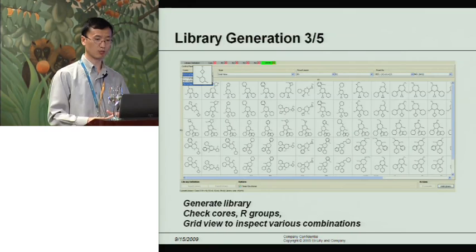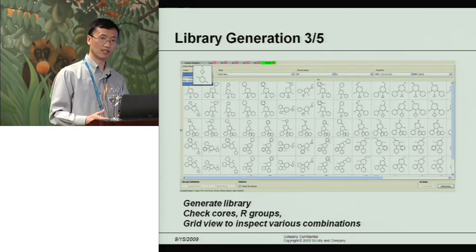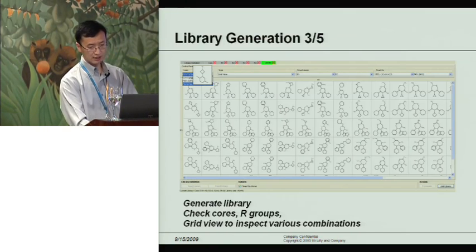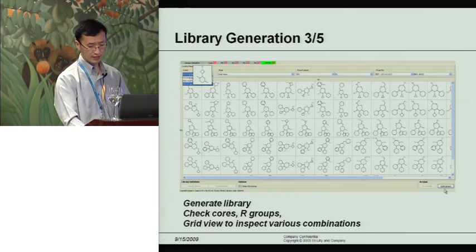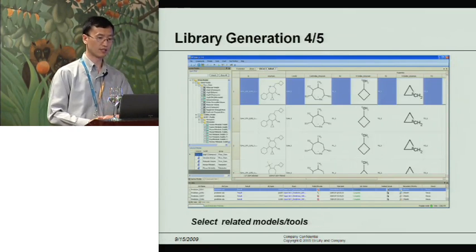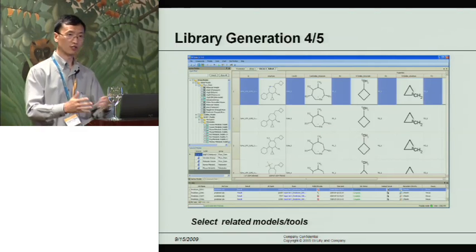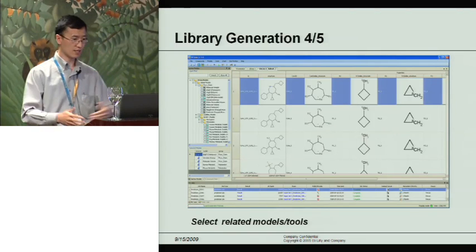So the user can play around with the snapshot of the library, and when you're done, you can add the library, and it will be added into this interface. At this point, it's really just a regular compound set.